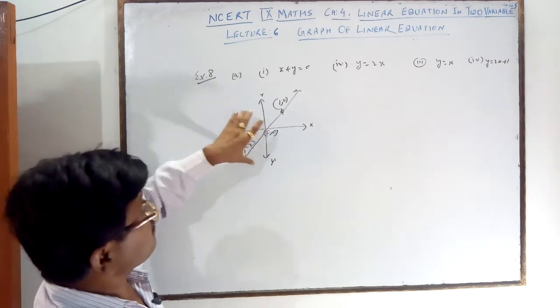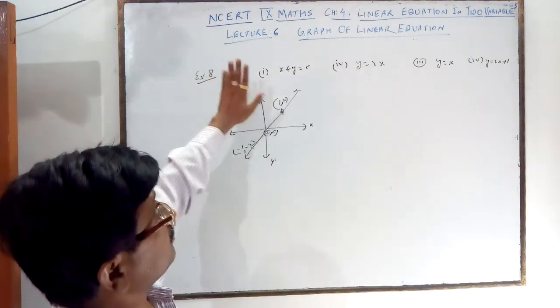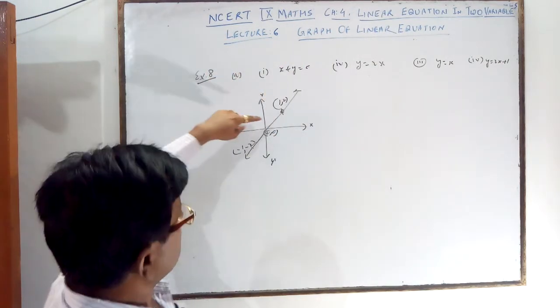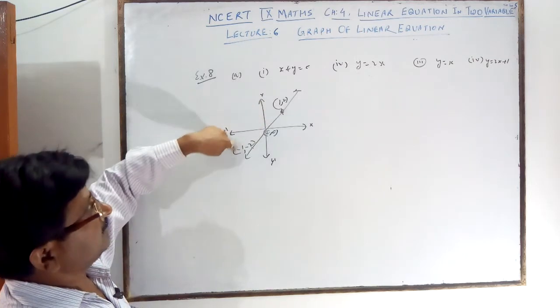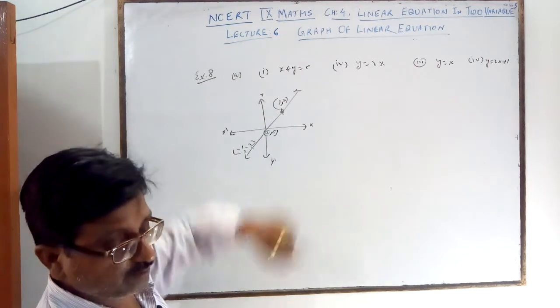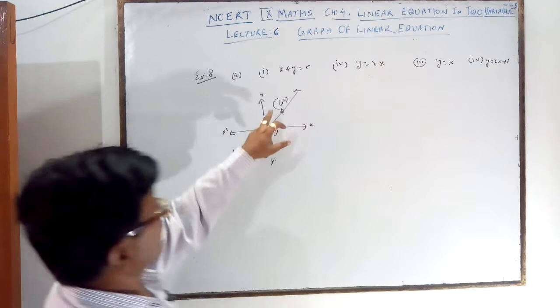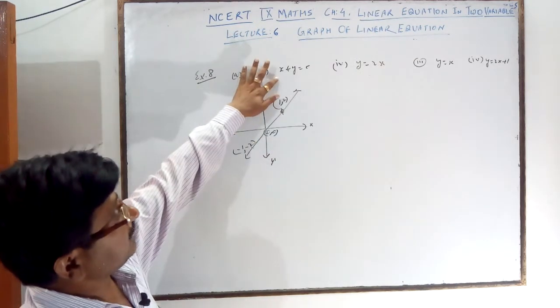This graph is correct for which of these 4 equations? You check x plus y. How many points? 1, 2, 3. All the 3 points must satisfy this equation, then it will be the answer. How will you check? Put here 1, 2.